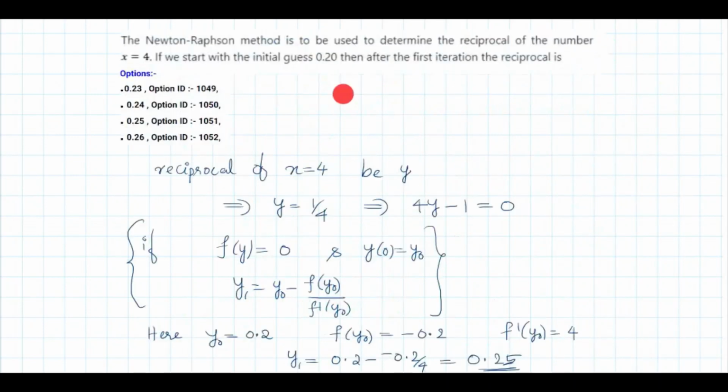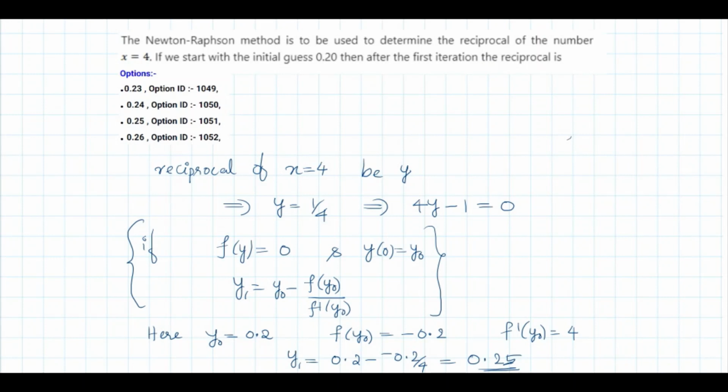The next question is from mathematical methods, numerical methods. The Newton-Raphson method is to be used to determine the reciprocal of the number x equal to 4. If we start with initial guess 0.20, then after the first iteration, the reciprocal is. Here, the question is very simple.